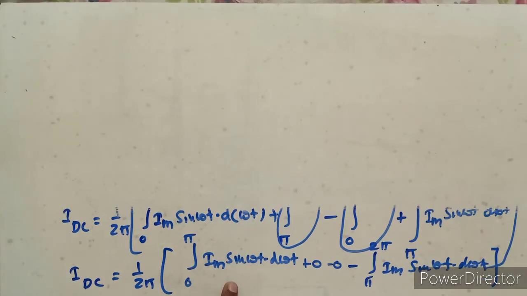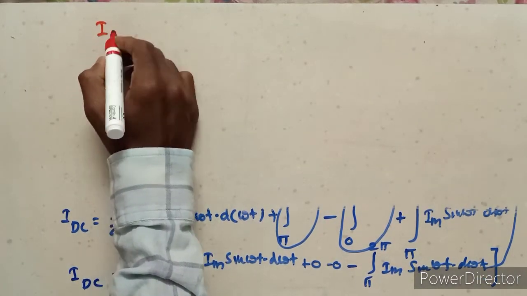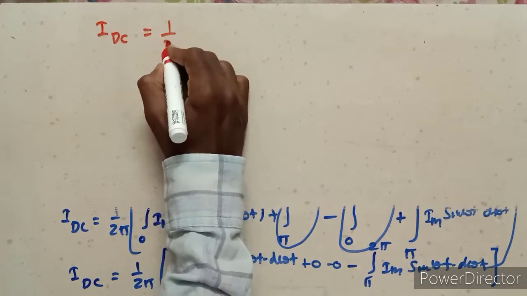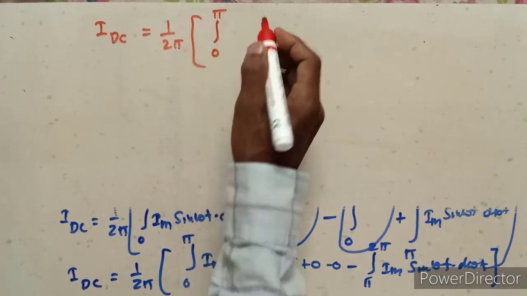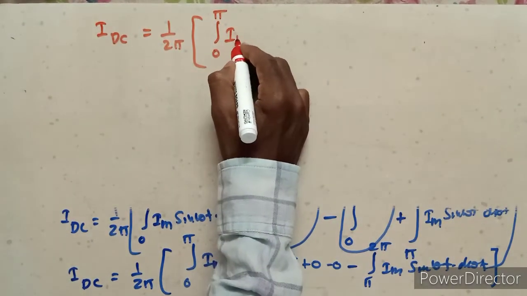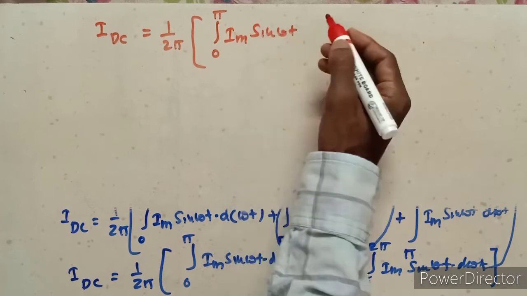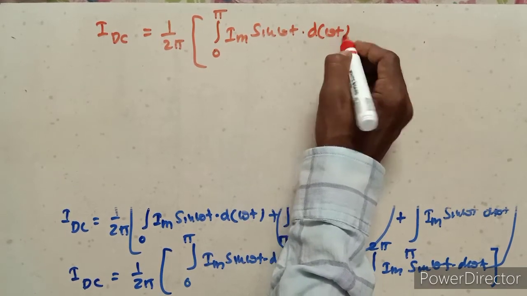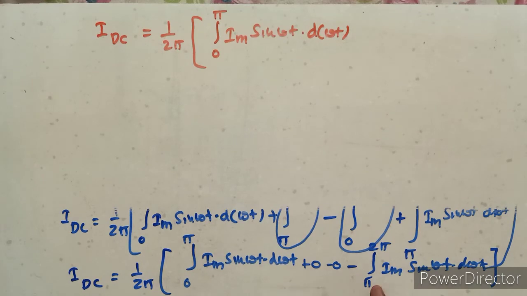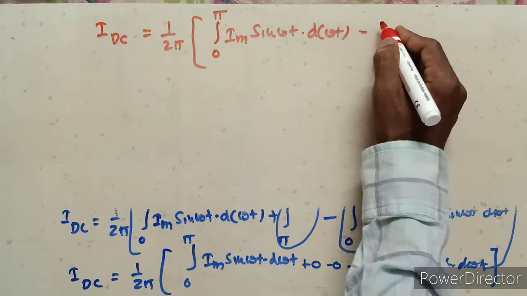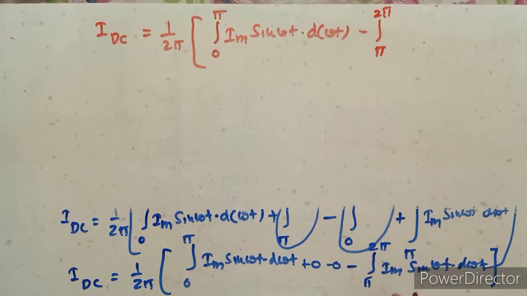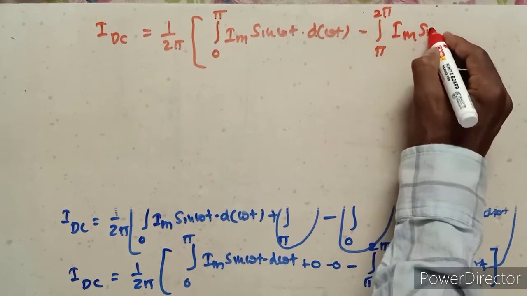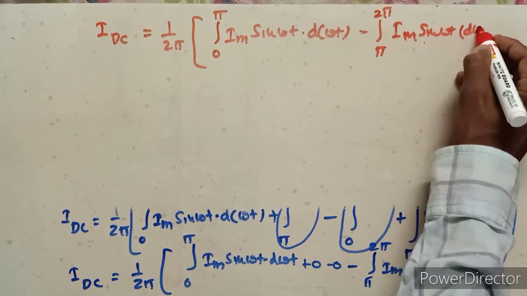This equation can be written as the DC current equals 1 upon 2 pi of integration 0 to pi of Im sin omega t d omega t, 0 minus the total value, minus integration pi to 2 pi of Im sin omega t d omega t.